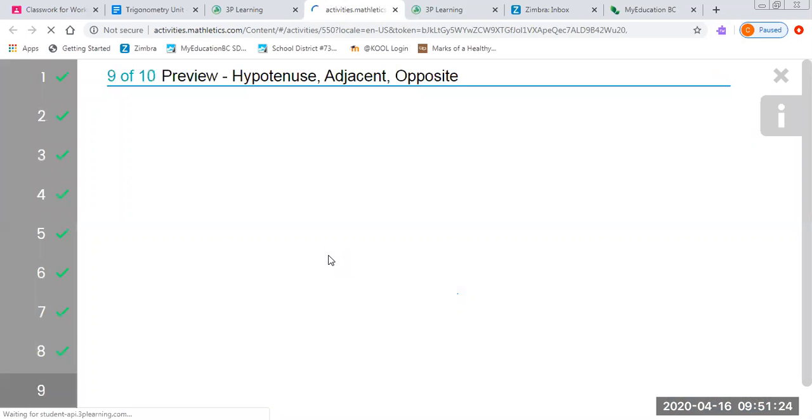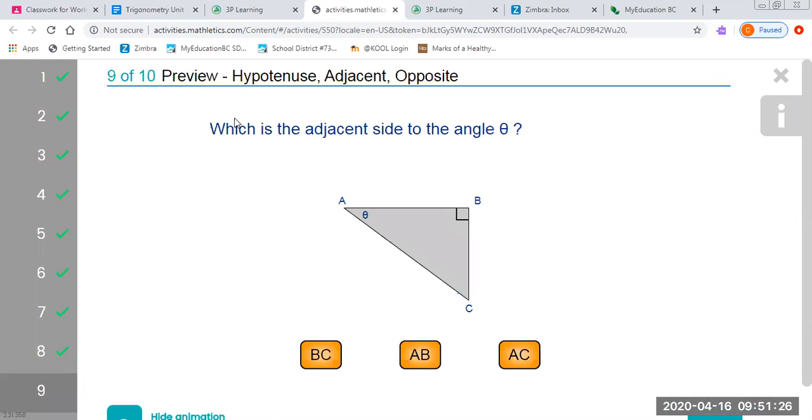If we look at a preview of this, this is the type of question you're going to see. It's going to ask, which is the adjacent side, or the opposite side, or the hypotenuse side of this angle? In this case, if we're looking for adjacent, we need to remember that always opposite of the 90-degree angle is the hypotenuse.